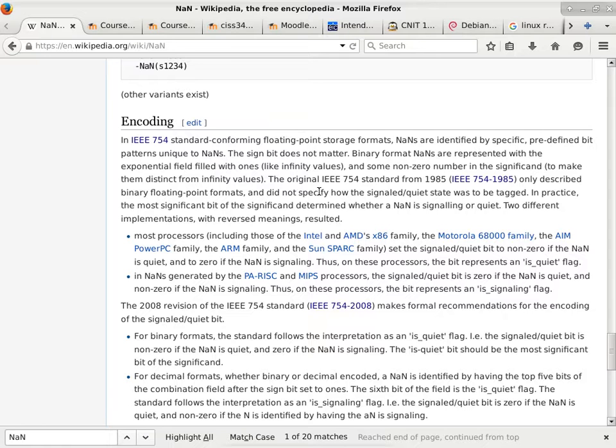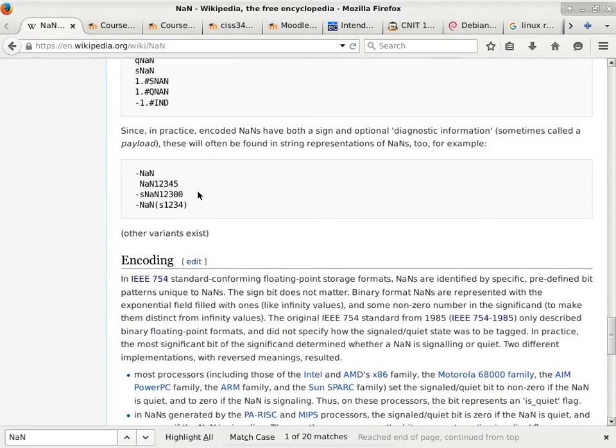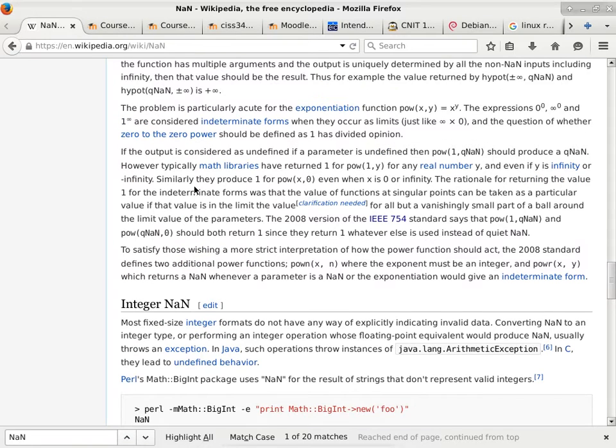And then there are different implementations. Most processors set the signaling quiet bit to non-zero if the NaN is quiet. Okay, let me just backtrack a little bit here. What is quiet and what is not quiet? When the calculation ends up with a NaN, not a number, depending on how you want to deal with it, it can raise an exception.